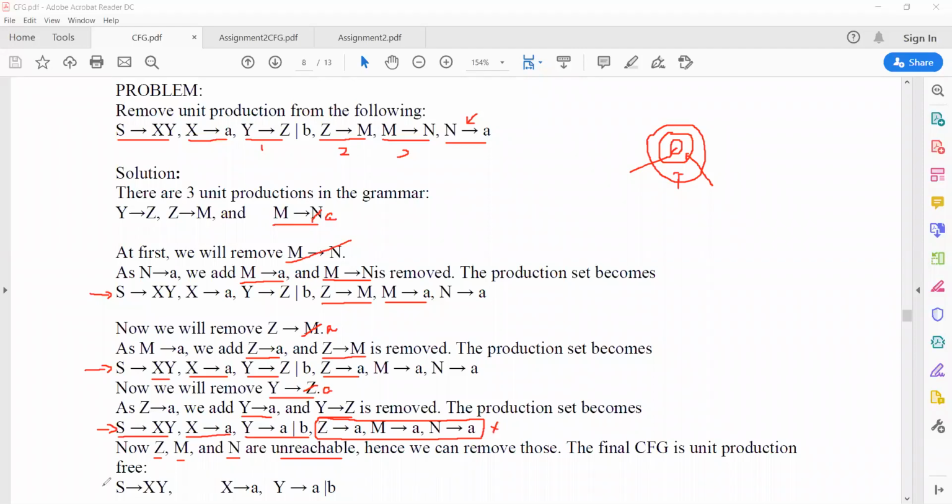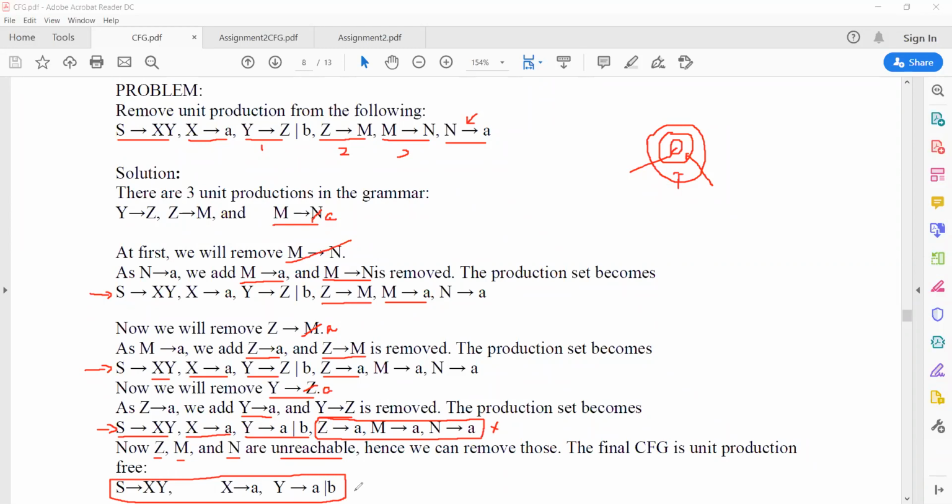Finally, you reach the simplified, unit-production-eliminated grammar, which looks like S produces XY, X produces A, Y produces either A or B.